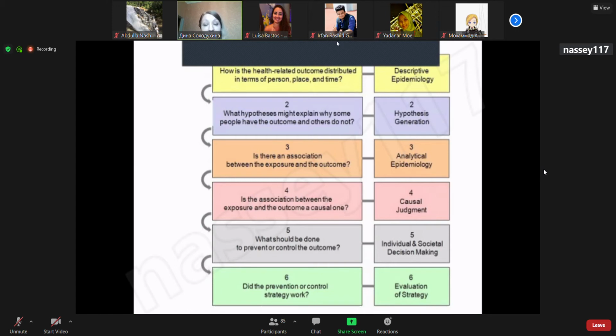In analytical epidemiology, we will try to establish associations. We will measure different kinds of parameters to draw a conclusion about exposure and outcome, how they are related to each other, and probably how the outcome is predetermined by the studied exposures.